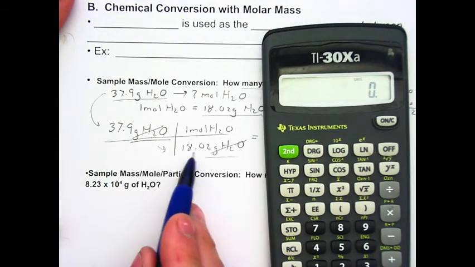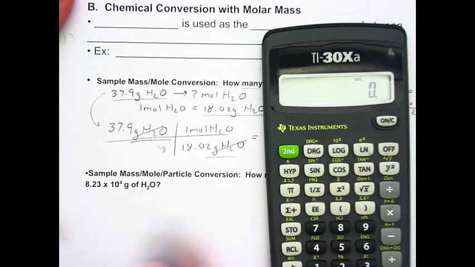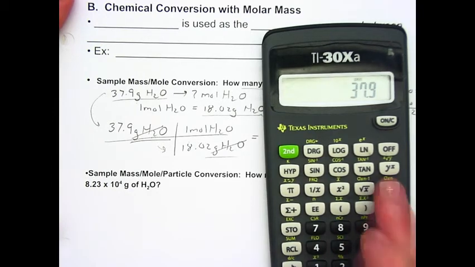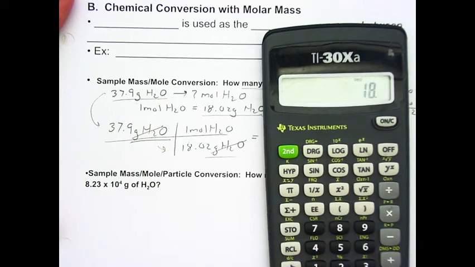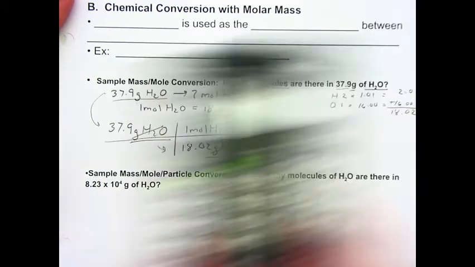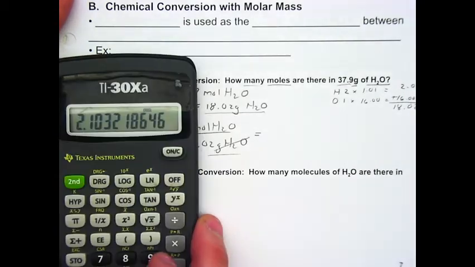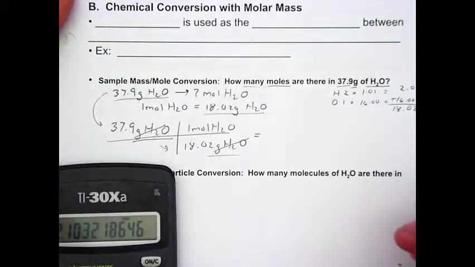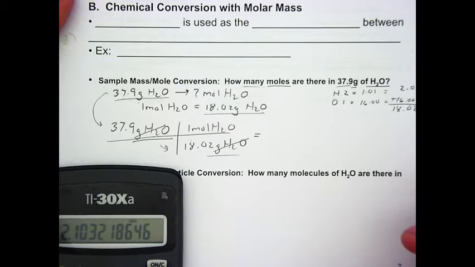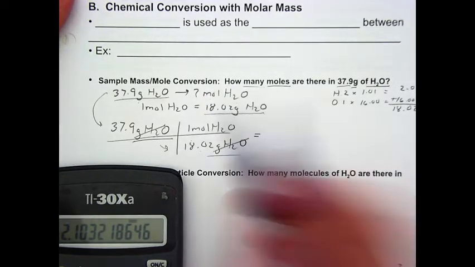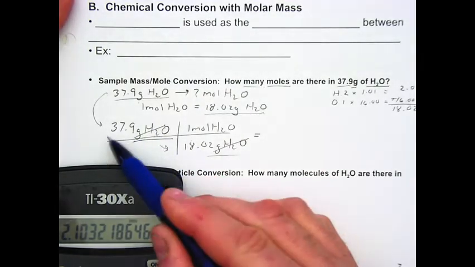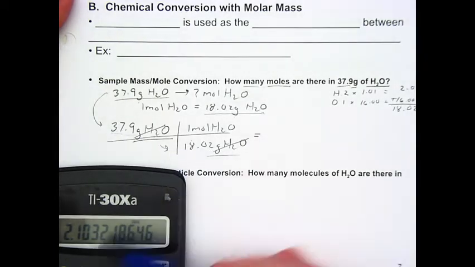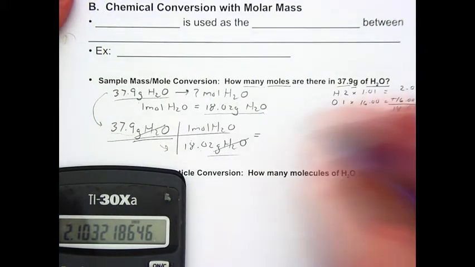Since 18.02 is on the bottom, I'm going to divide. 37.9 divided by 18.02 equals, and I get 2.1032, etc. Now the answer, remember, must have the same number of significant figures as there are in the starting point. Since there are 3 significant figures there, I need to round my answer off so that it has only 3 significant figures.